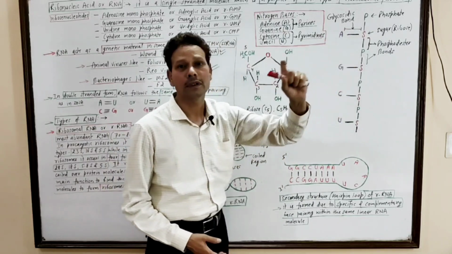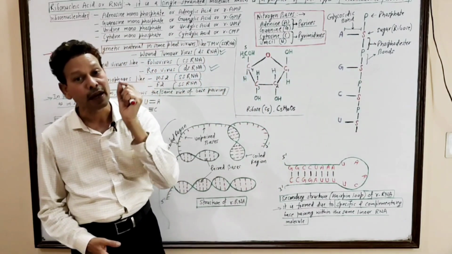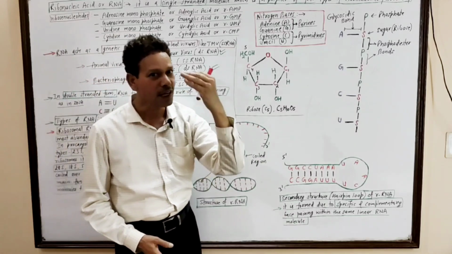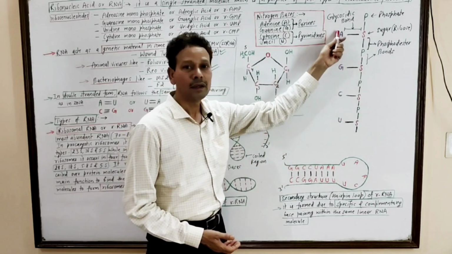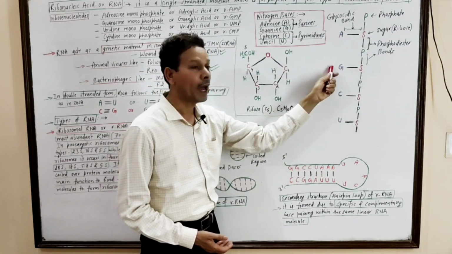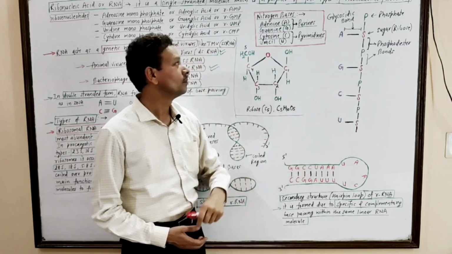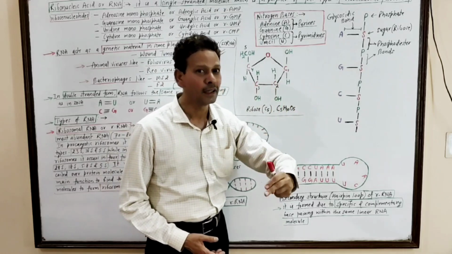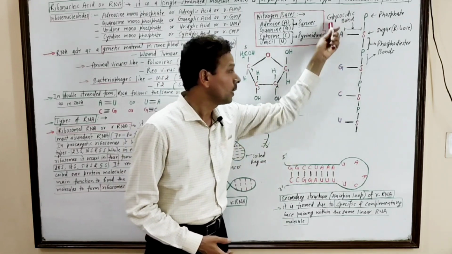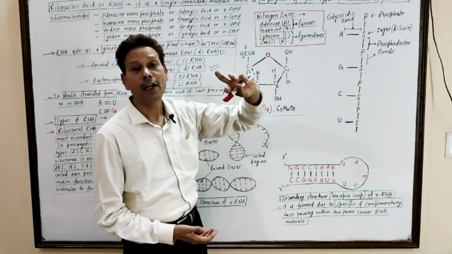The third component of the ribonucleotide is a nitrogen base. In RNA, the 4 nitrogen bases are adenine, guanine, cytosine, and uracil.